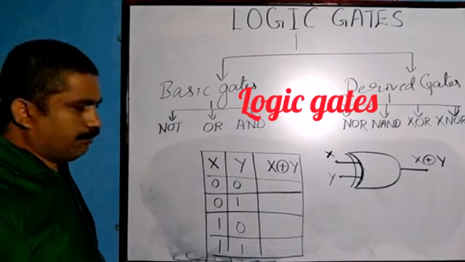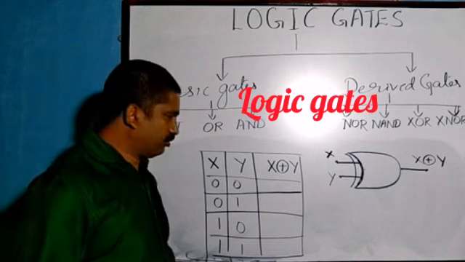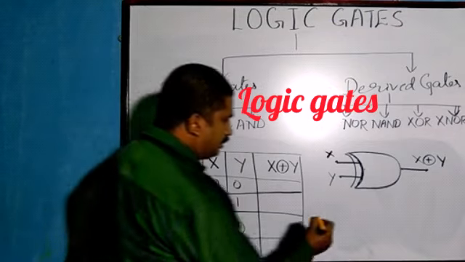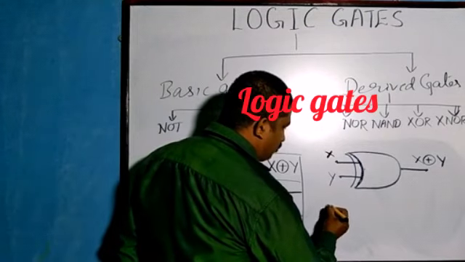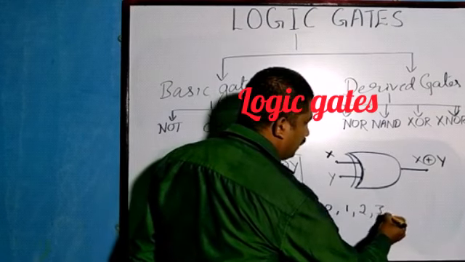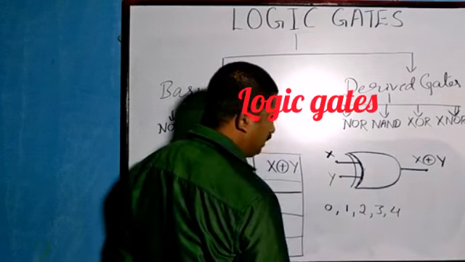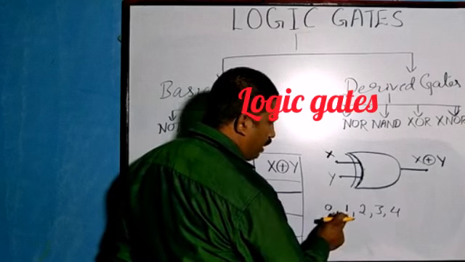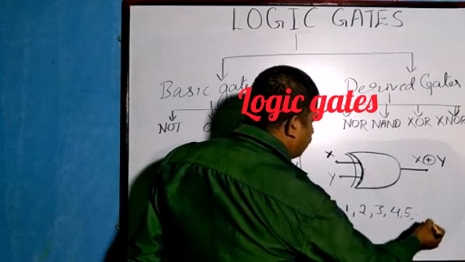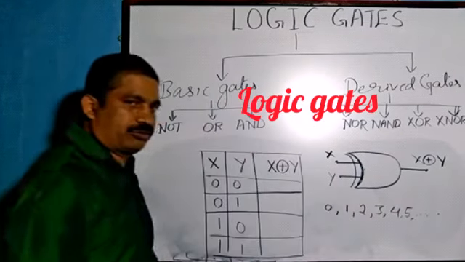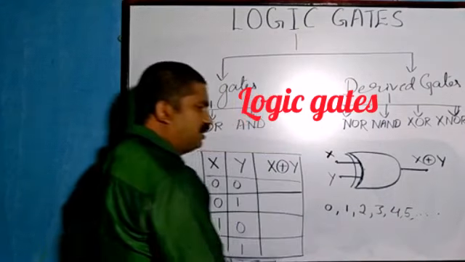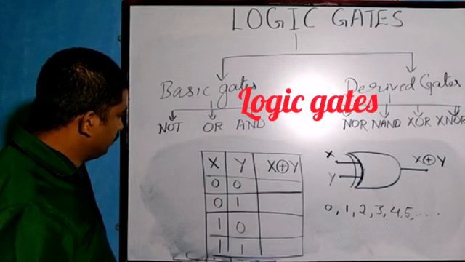Okay, here we have to count the number of ones on the input side. 0 1 2 3 4. Here 1 3 5 and so on, they are the odd numbers. 0 2 4, you can consider them as even numbers.